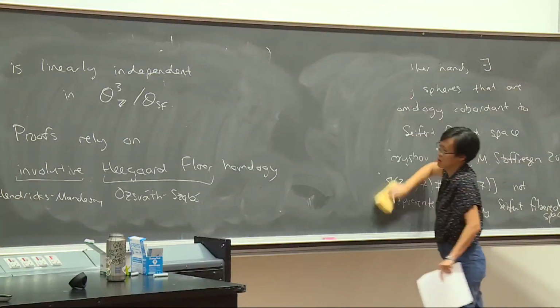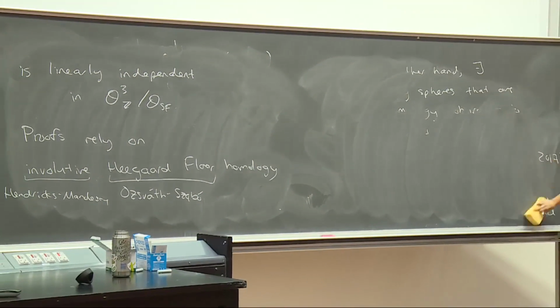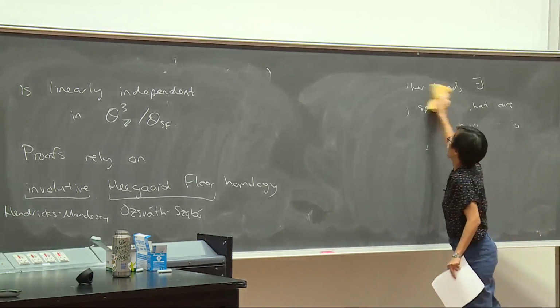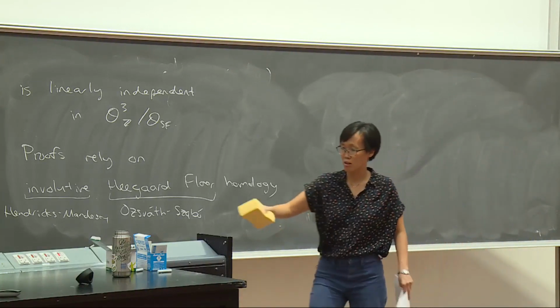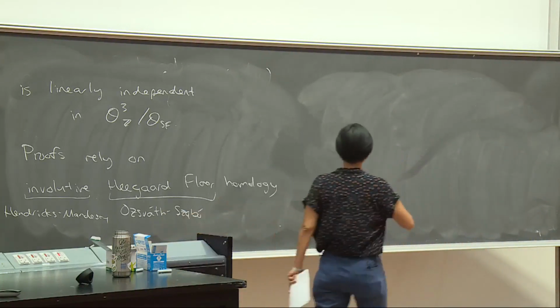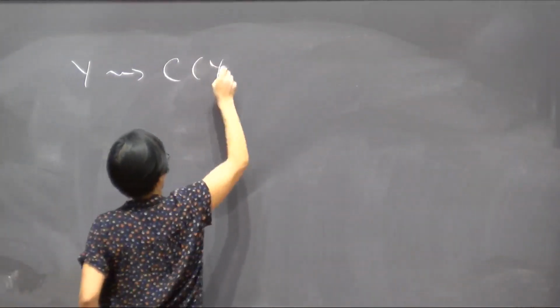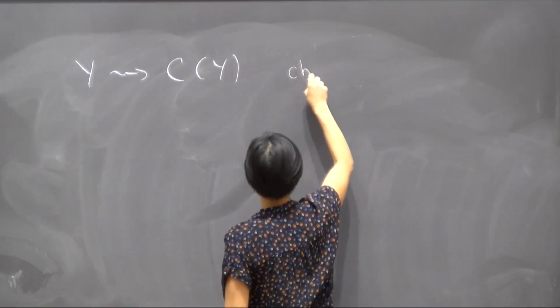So to a 3-manifold Y, the Heegaard Floer homology machine associates a chain complex. What kind of structure does this have?